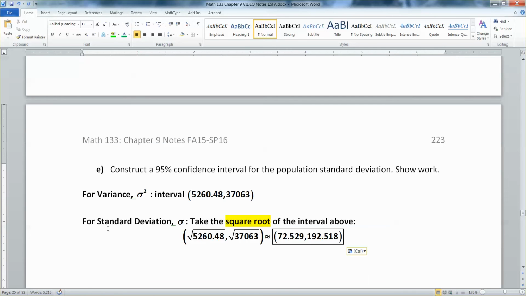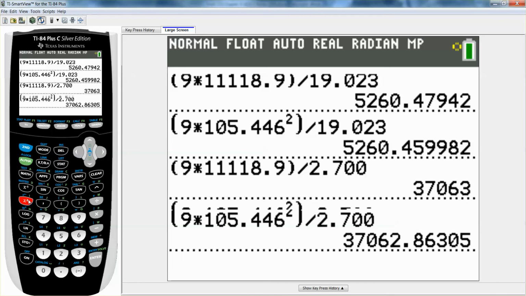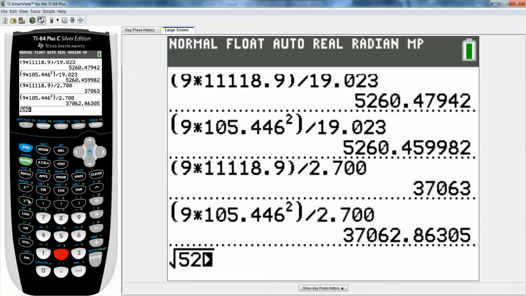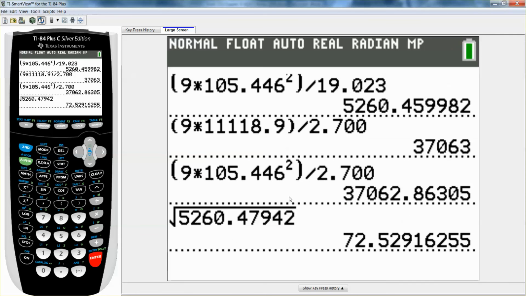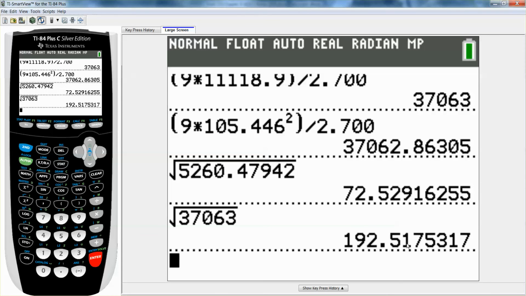So let me prove it to you. If I take the square root of 5260.47942, that was the number we actually got, I get 72.529. And then if I take the square root of the second one, 37063, I get 192.518.